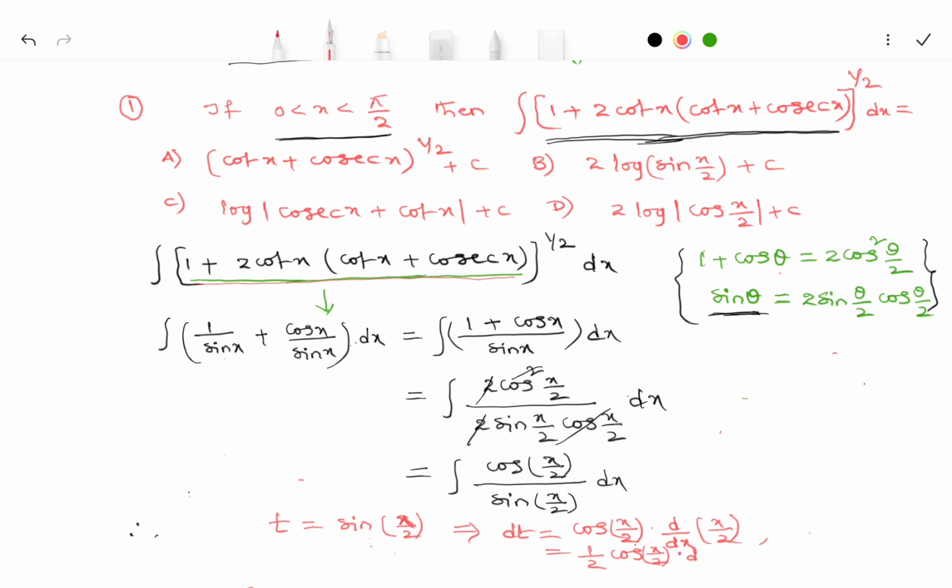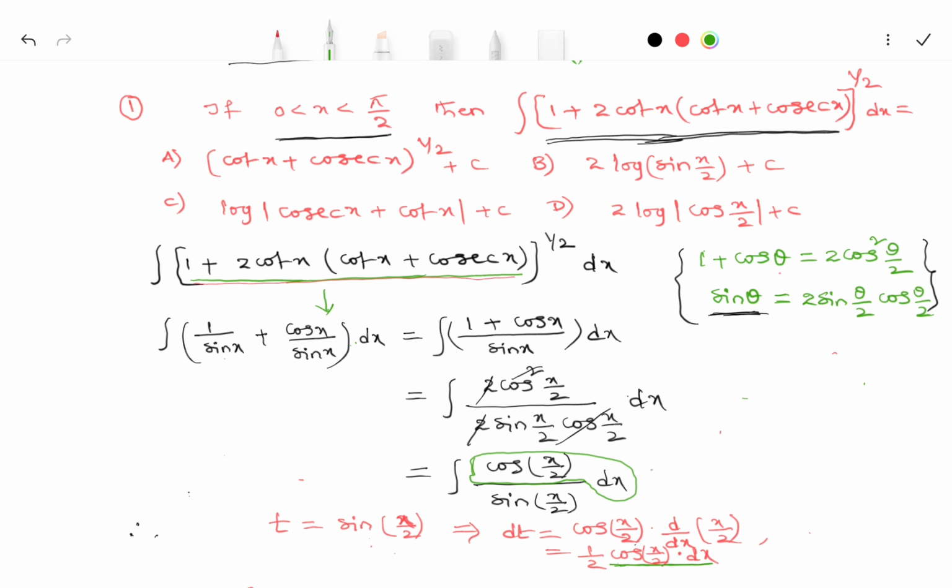This is the dt value. Now I want the cos of x by 2 into dx value. Cross multiplying, cos of x by 2 into dx will be 2 into dt.